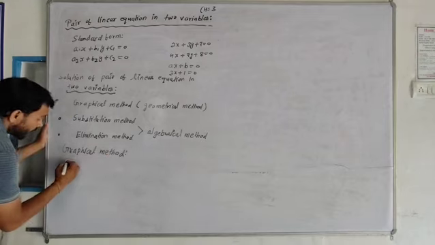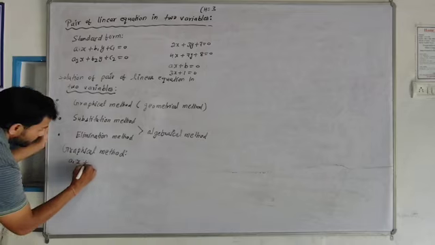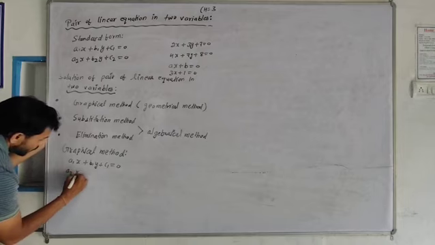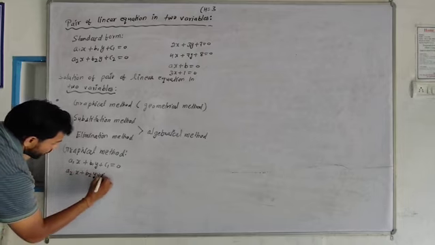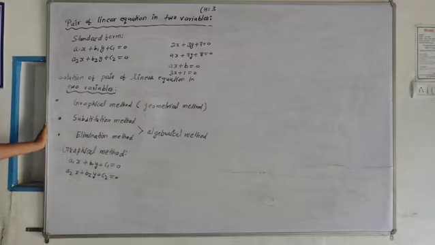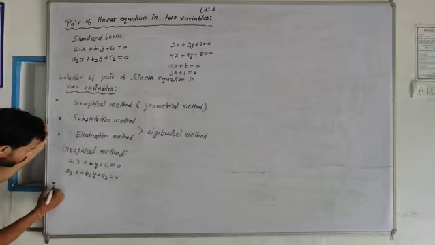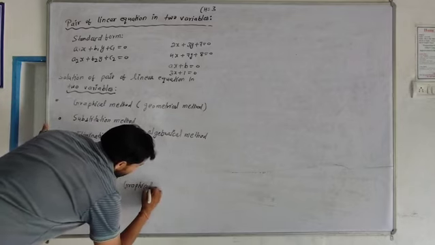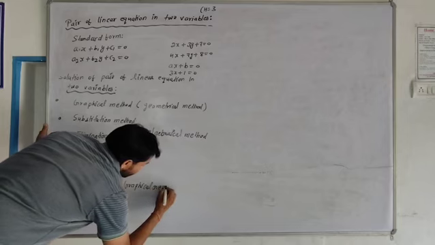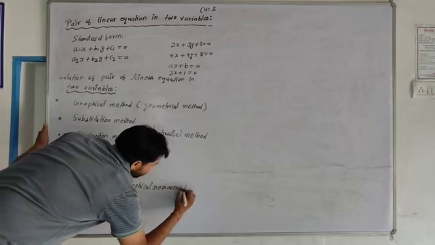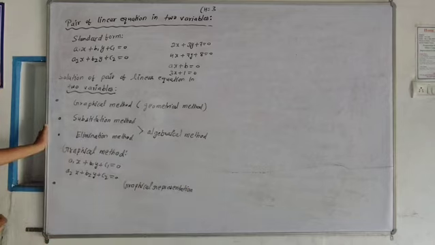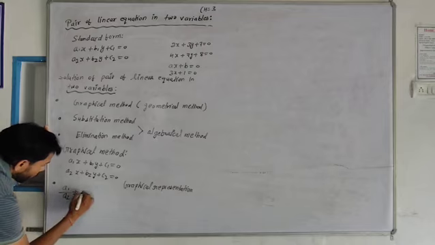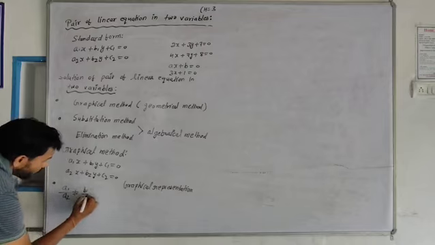All right. I will write again a1x + b1y + c1 = 0, a2x + b2y + c2 = 0. Now here, graphical representation. All right, here a1/a2 is not equal to b1/b2.